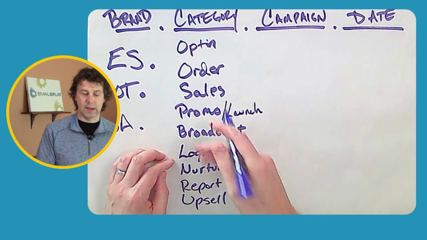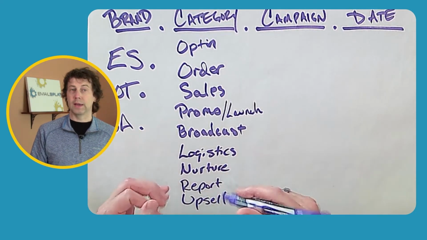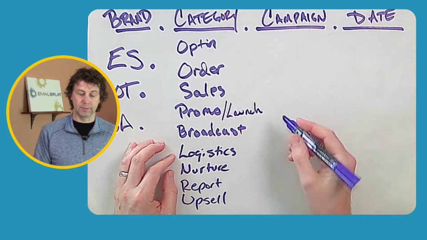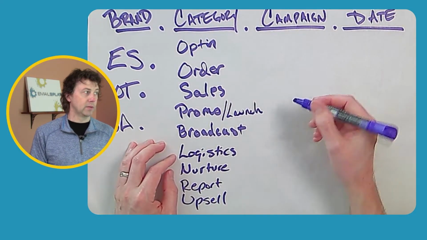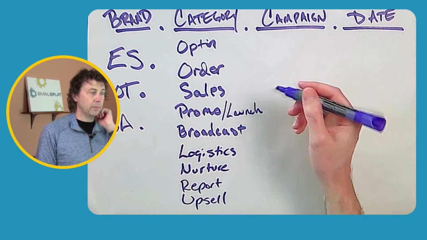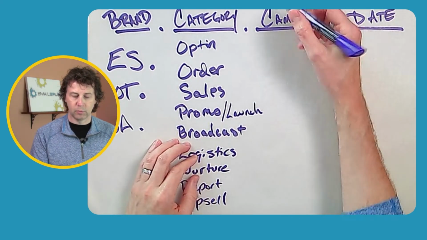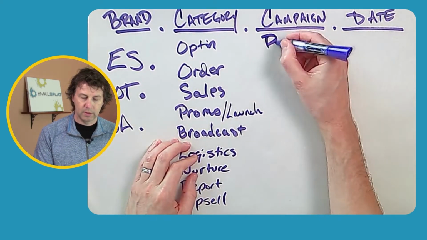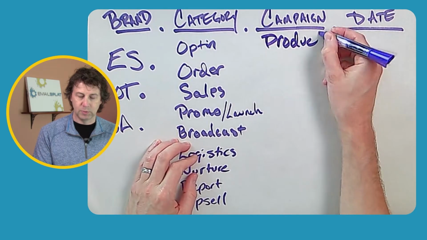So these categories work for, again, tags, messages, tasks, pages, anything, campaigns, sequences, rules, if you've still got those. It works for anything. Then the next section is campaign. Another name for this might be product. So this is more account specific now.